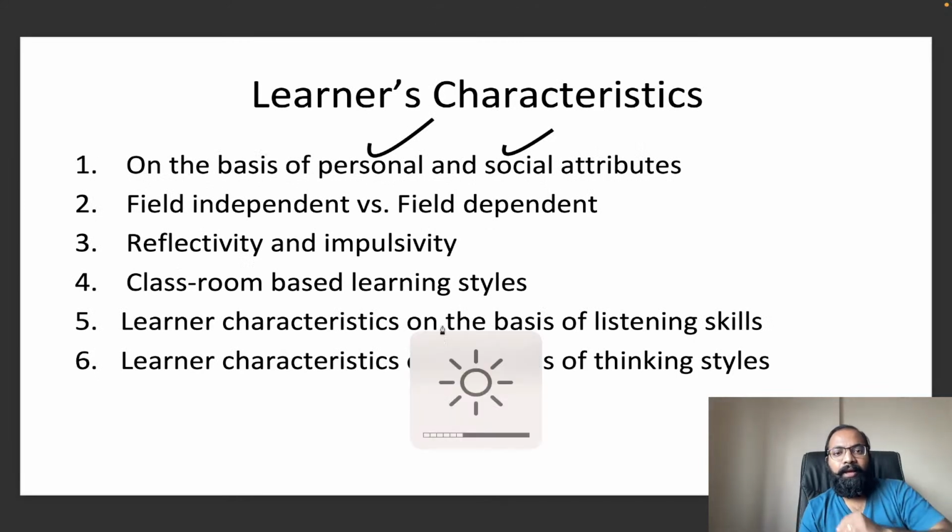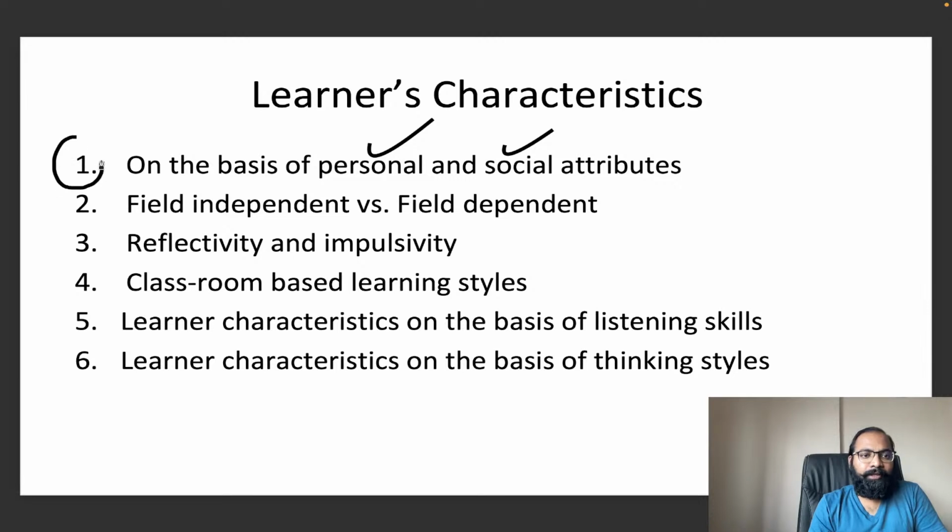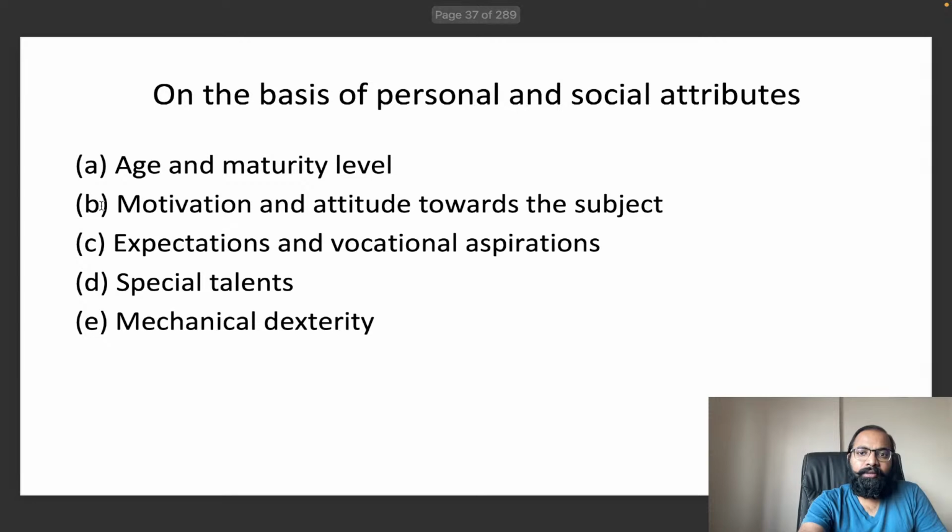Okay. Next, this first point, I think all of you already cleared. Coming to the second point, that is field independent versus field dependent. What is the meaning of this one? If you connect with these points in the options of the question, you opt for personal and social attributes: age and maturity, motivation and attitude towards the subject, expectations and vocational aspirations, special talents, mechanical dexterity.